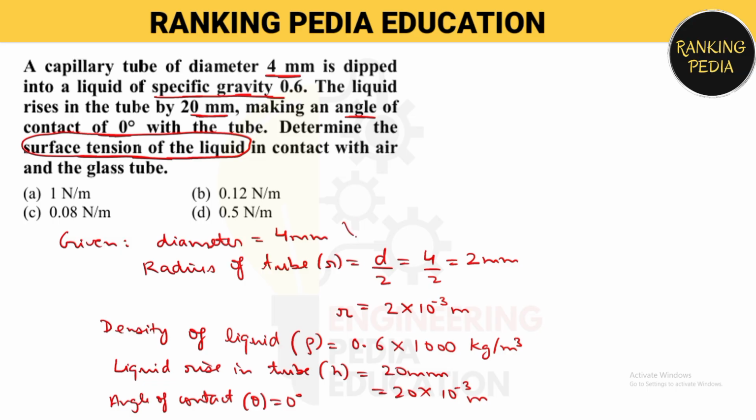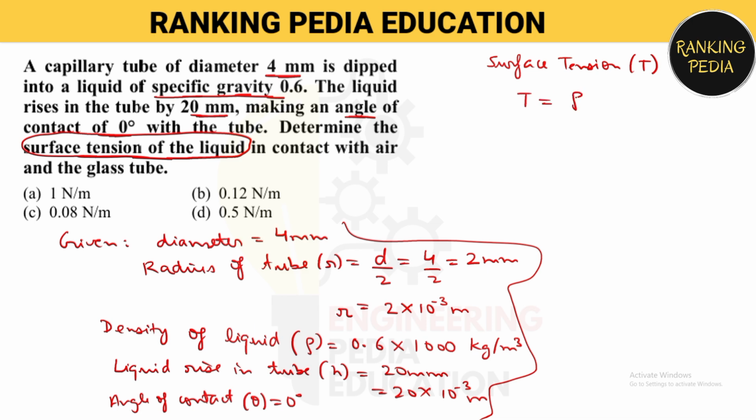This was all the given data. We have to calculate surface tension, denoted by capital T. The formula for this is T equals rho r h g whole upon 2 cos theta. Capital T we have to calculate.